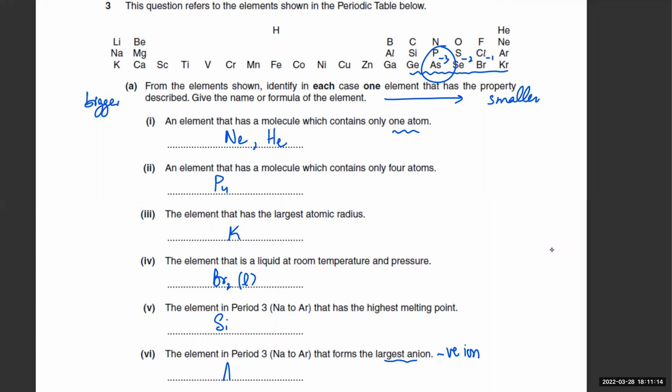No, sorry, he wasn't talking about that, he was talking about period 3. Part number 6 was actually about period number 3. So he was talking about the same ones: phosphorus, sulfur, and Cl-1. So we just discussed that phosphorus is going to be the biggest one. Okay, is that clear?